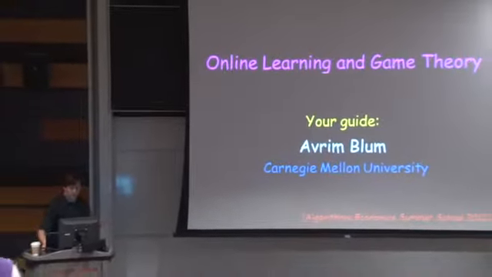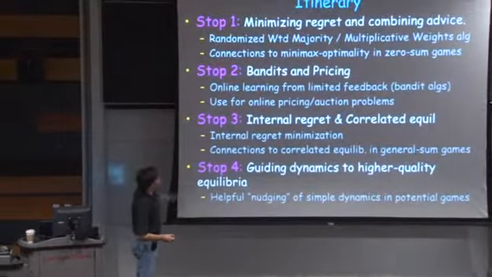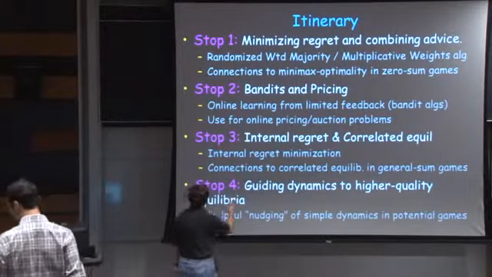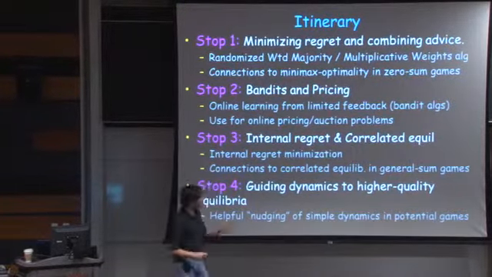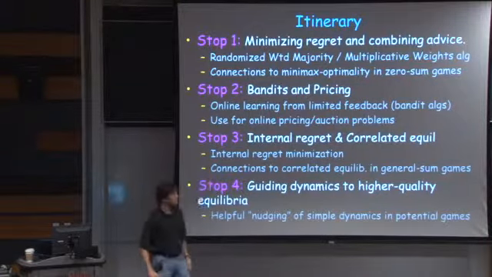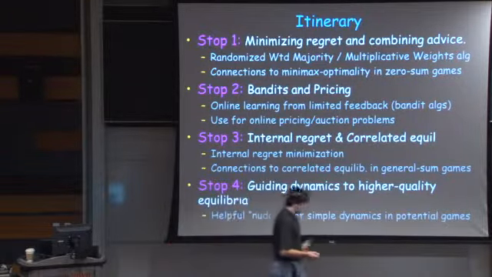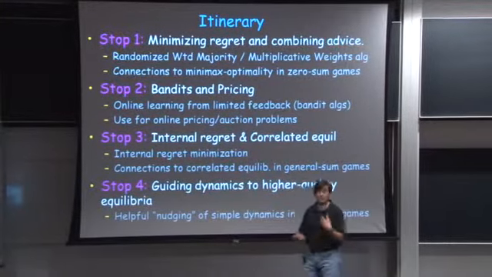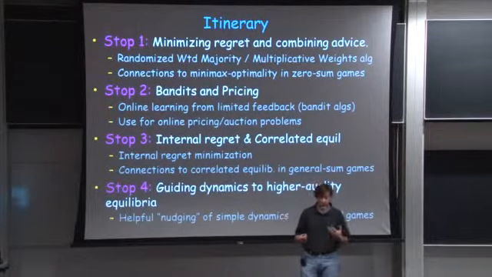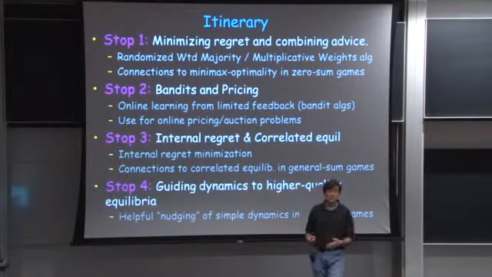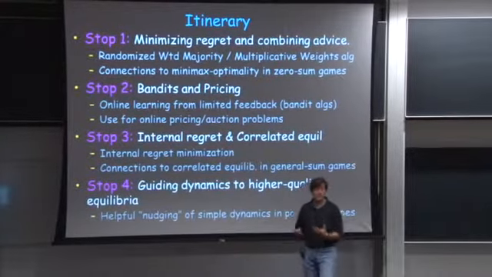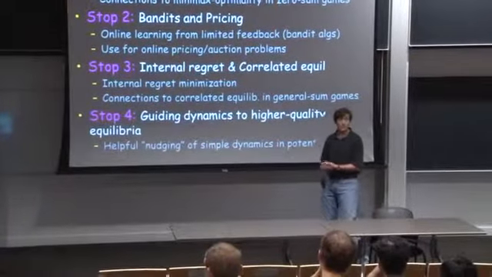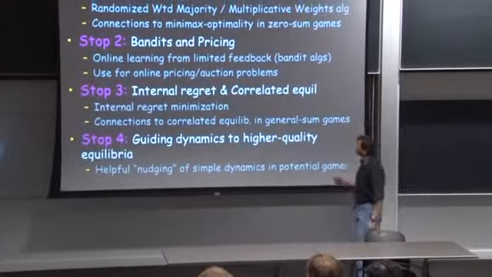Okay, so what we talked about last time, here was the itinerary of the tour. We looked at this nice algorithm, randomized weighted majority or multiplicative weight updating, for minimizing regret, and saw how it had some nice connections to minimax optimality. You could play some game you don't understand very well repeatedly and guarantee that, over time, you'll do nearly as well or better than a minimax optimal strategy would, because you're going to end up doing nearly as well as the best fixed strategy in hindsight against the way your opponent actually played.